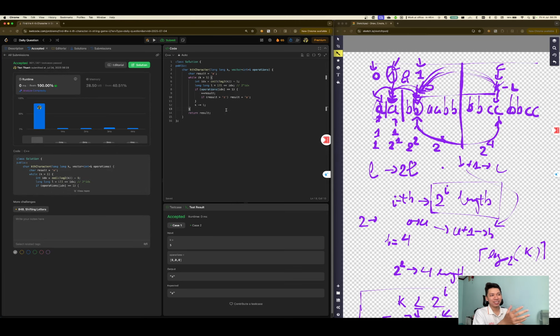Oh, why is the memory even larger? Never mind. Okay, just come back to the previous solution. Alright, it beats 100%, so it's very optimal.